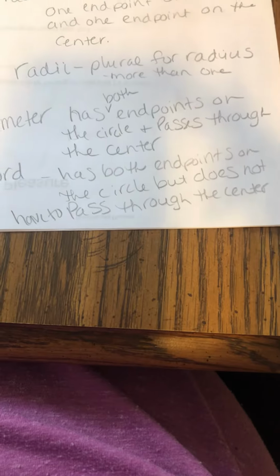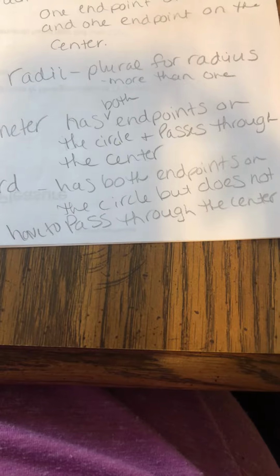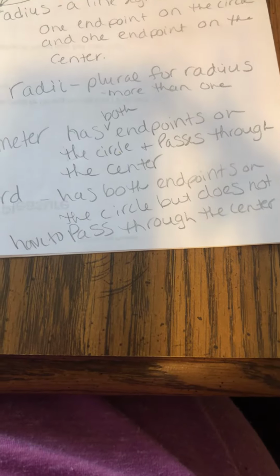Because it can, but it doesn't have to. So the way I wrote it, it makes it sound like the diameter would never be a chord, but that's not true. So just adjusting that definition to make it clearer so that it has endpoints on the circle, does not have to pass through the center, whereas a diameter does.